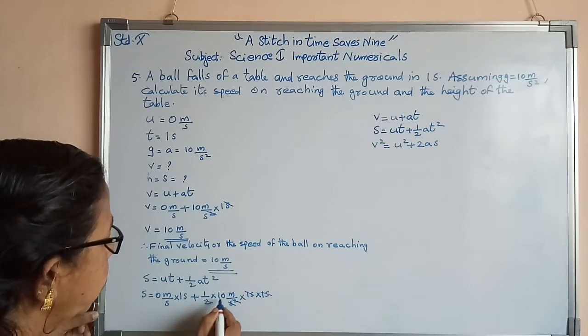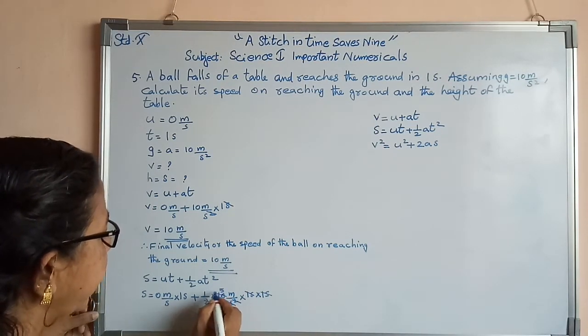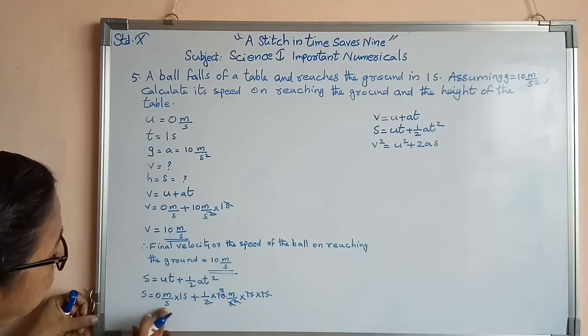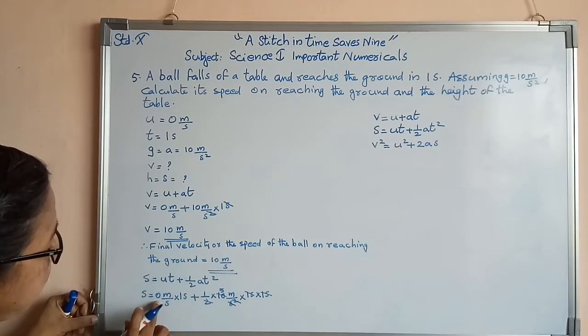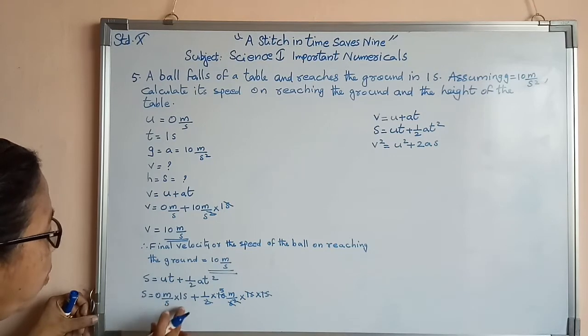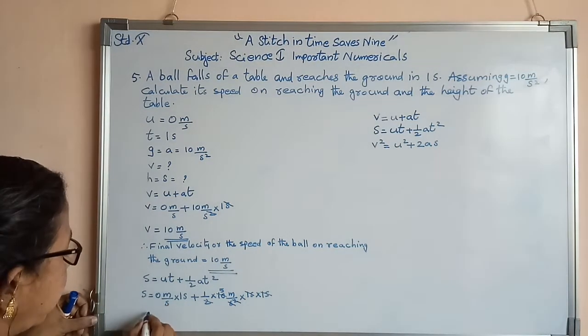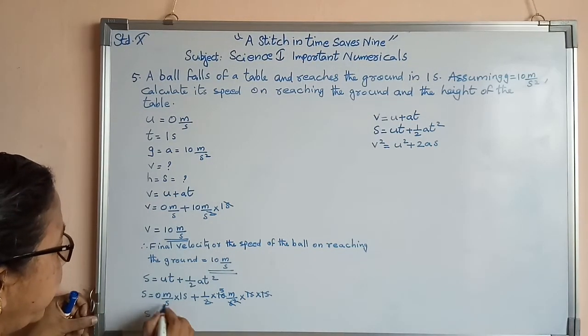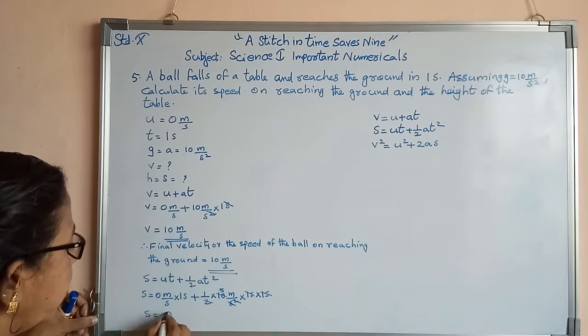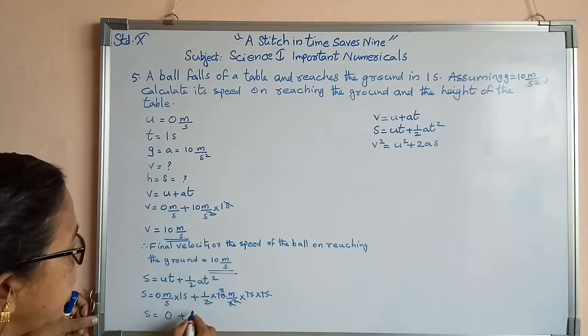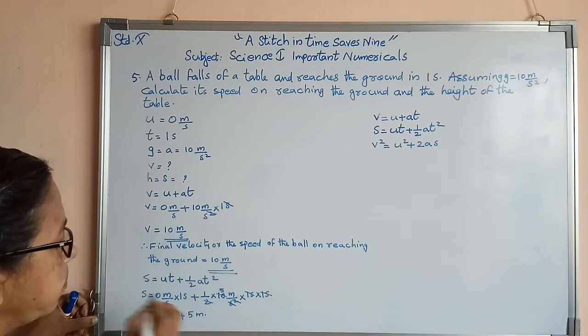Now here this 2 and 10, in that 5 times it is going. Here 0 meter per second into t, 0 is there. So because of that this whole value is becoming 0. So our answer is s is equal to 0 plus 5 meter.